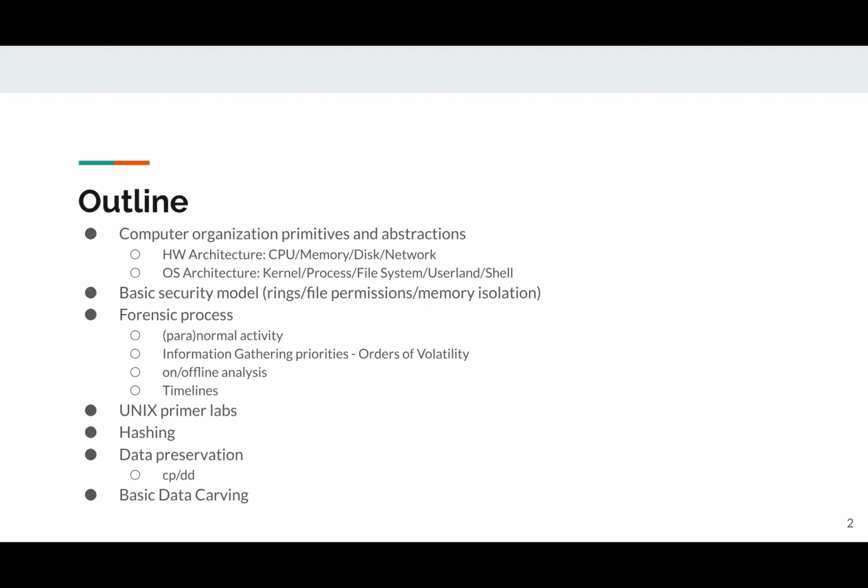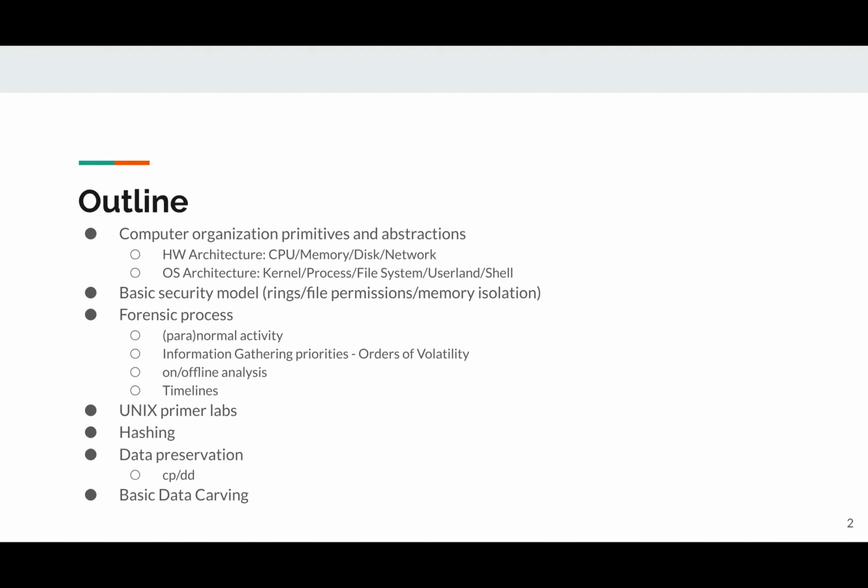We're going to talk about doing either online or offline analysis on the data that we gather, and reconstructing timelines. That means a rough ordering of events and presentation of the events in an ordered way that we can make sense out of them.